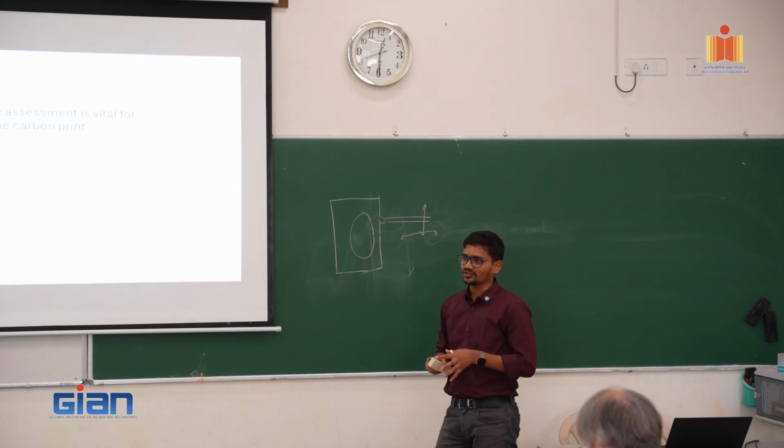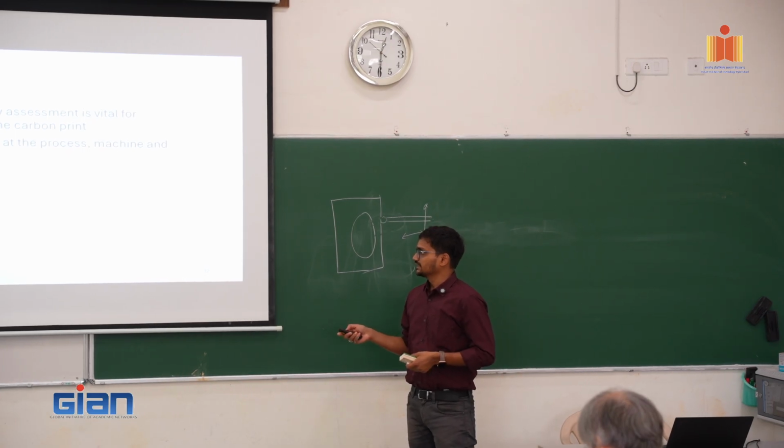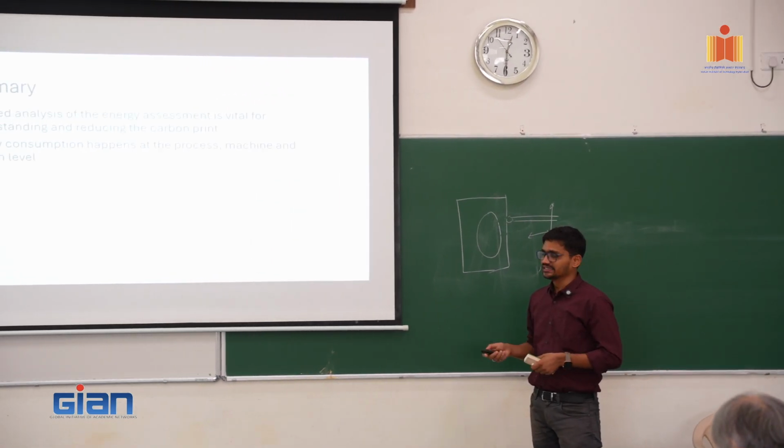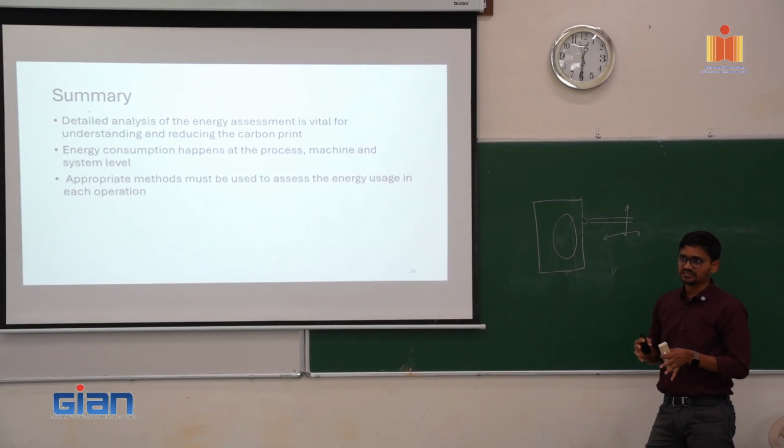So it is not only necessary to optimize the process parameters, but you also need to optimize the machine parameters. Energy consumption happens at the process, machine and system level, so appropriate methods must be used.